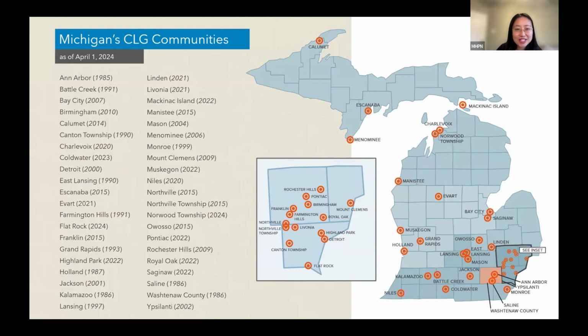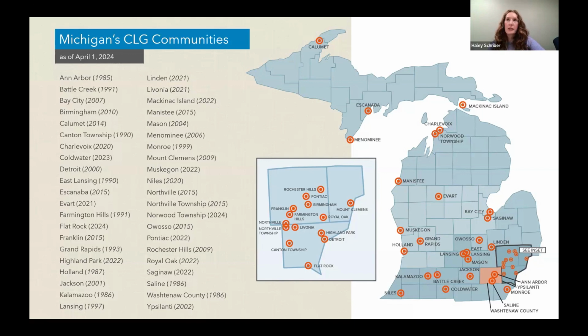Okay, next question. How much funding is available on a yearly basis and how is it distributed among grant requests? Okay. So it's 10% of our allocation, so it varies year to year.